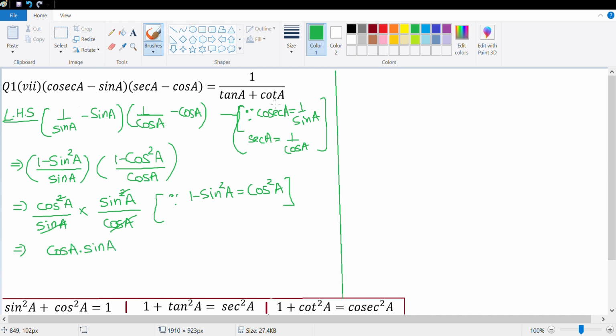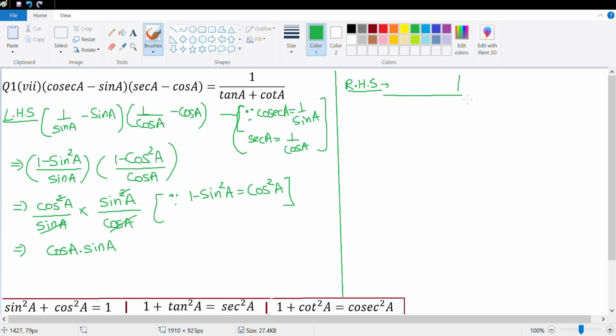Let's see if I can now work with the right hand side and also get it to this cos A and sine A. Let me try. The right hand side is 1 upon tan plus cot. So let me convert tan into sine and cos, and cot also into sine and cos.